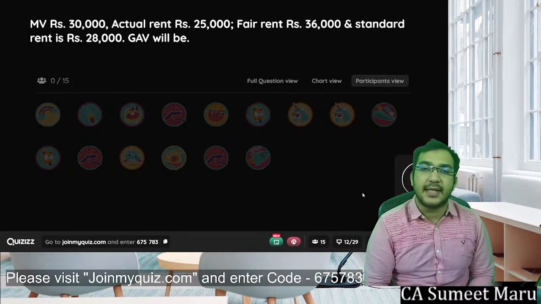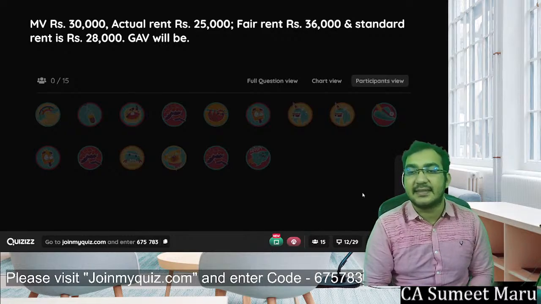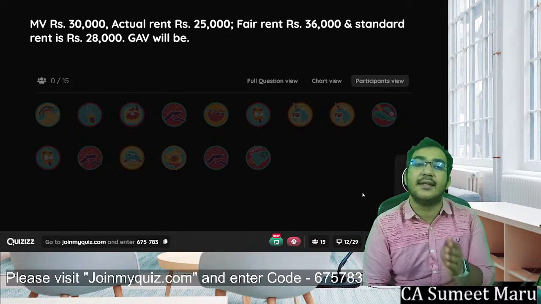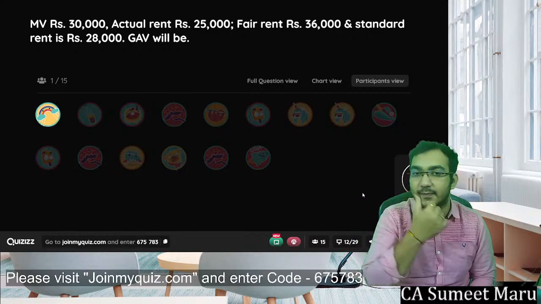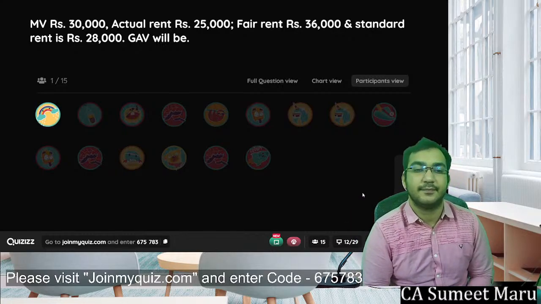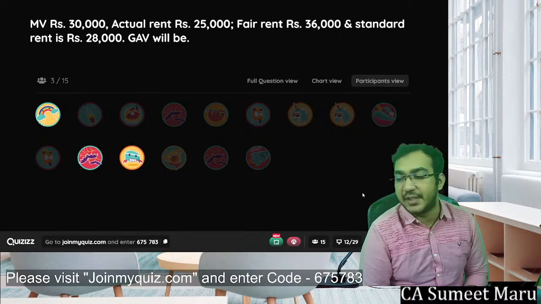The municipal valuation is 30,000, actual rent is 25,000, fair rent is 36,000 and standard rent is 28,000. Gross annual value is, what is your GAV here?